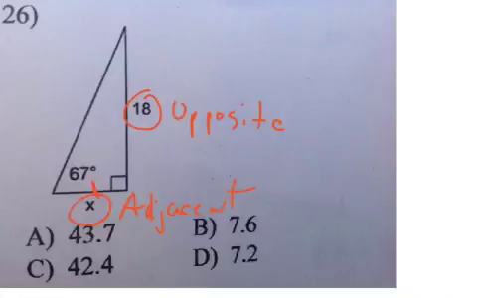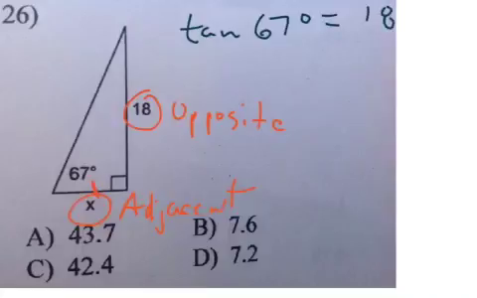Okay, so now that we know tangent is the one we need, we have that the tangent of 67 degrees, remember sine, cosine, and tangent always go with angles. So we know that the tangent of 67 degrees is the opposite over the adjacent. Okay, so notice how this is a little upside down over here, right? And so we're going to do a little algebra trickery here.